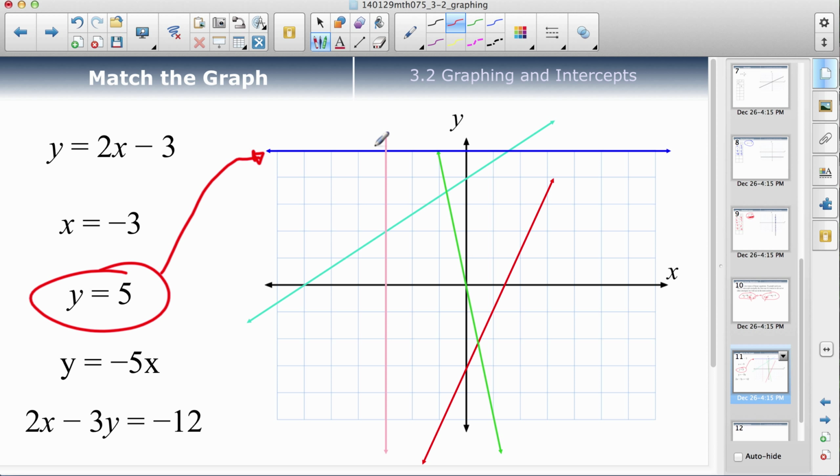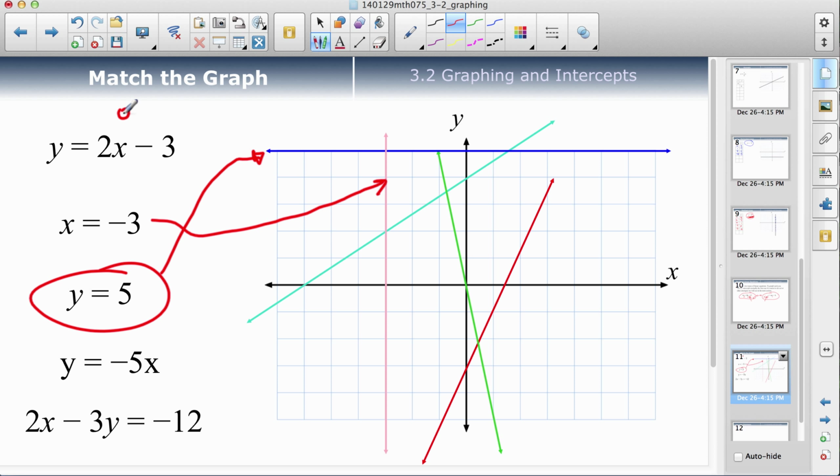Okay, so this pink one, it looks like here I've got an x value of -3, and it doesn't matter what y is. It could be big or small, but x is always -3. So that line there is that one. X equals -3, that's that line. Now let's look at some of the other ones. Y equals 2x minus 3. Maybe just one thing I'll try is I'll plug a 0 in there.